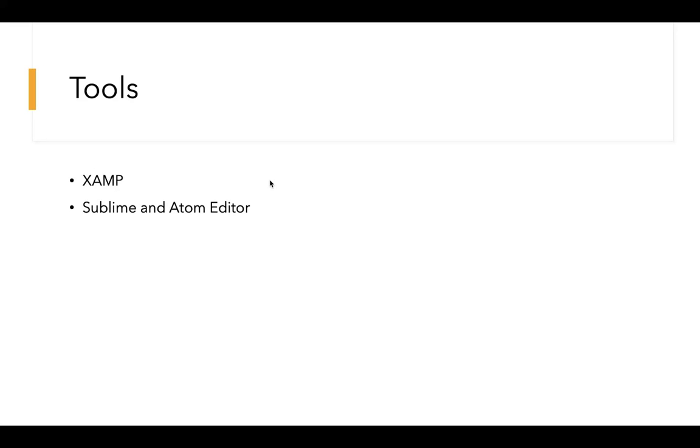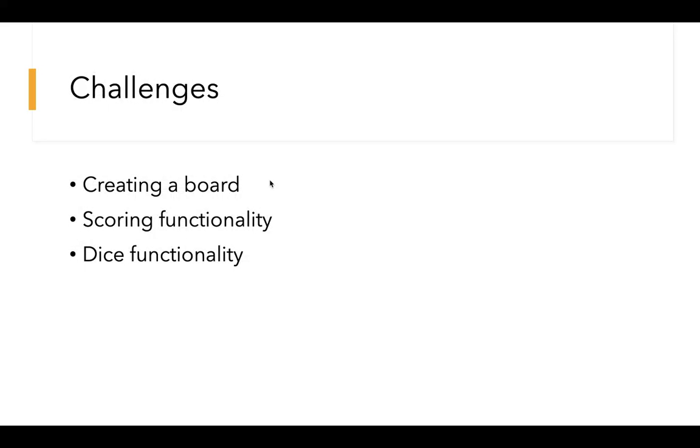So we had to move on from that, and the best one we found was XAMPP, so we used XAMPP from there on, and we used Sublime and Atom editors for editing our PHP files. From here, Manish will talk about the challenges we faced.